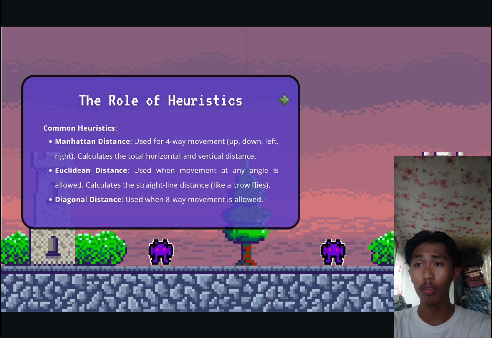These are the common heuristics. Three common heuristics: Manhattan distance, Euclidean distance, and diagonal distance. Manhattan distance is used for four-way movement: up, down, left, and right.